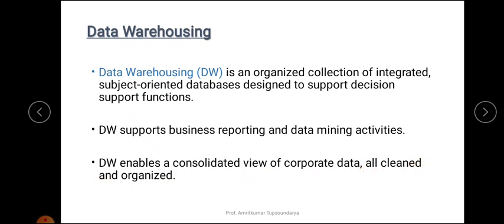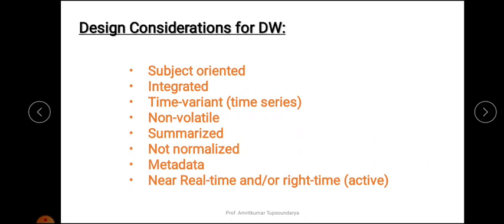Fine. So to understand more on it, we'll see the different considerations of designing a data warehouse. When it comes to design considerations for a data warehouse, we have some requirements for a good data warehouse. Now these requirements are: the data warehouse needs to be subject oriented, it should be integrated, it should be time variant, that is it should have a time series.